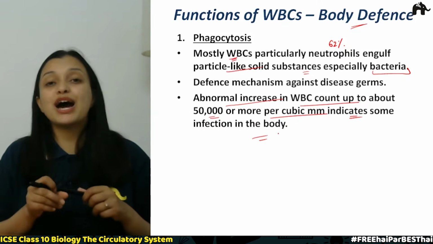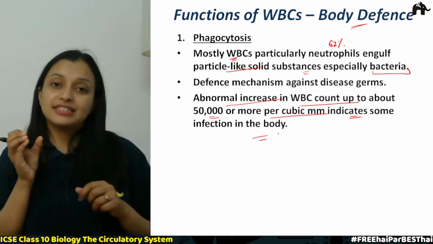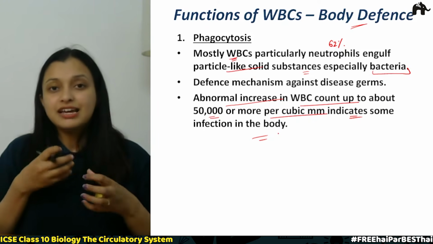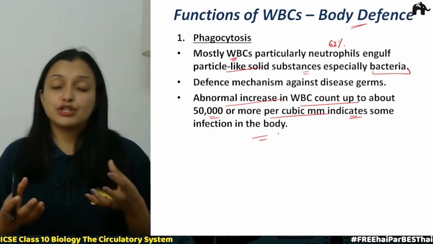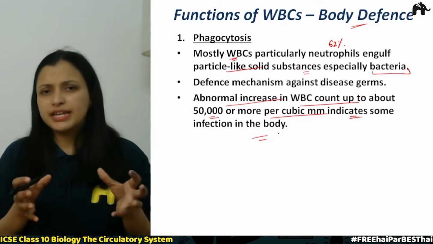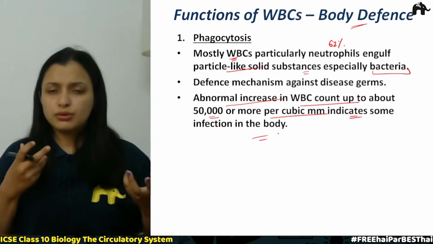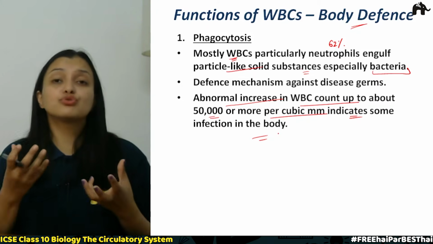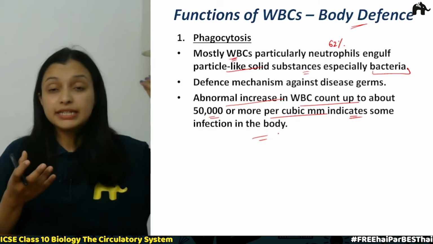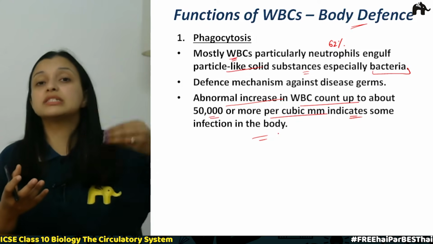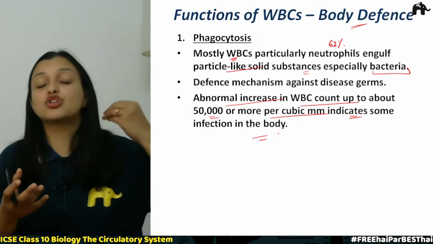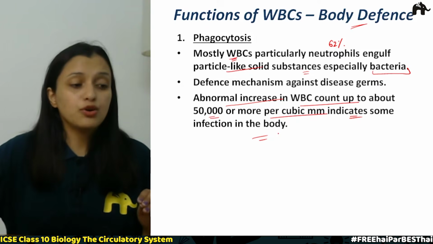This is how blood reports and the number of cells tell us if there is any infection or the body is healthy. The pathologist comes to know about the infection by looking at the count of these different types of WBCs or RBCs. I hope this much is clear.